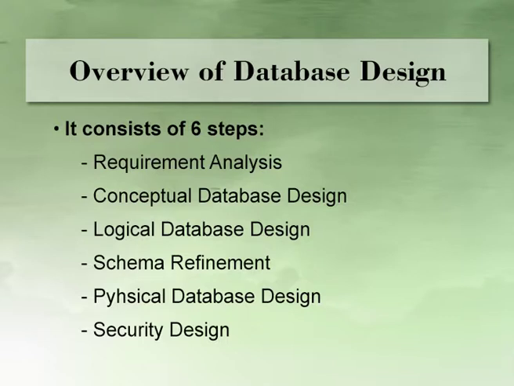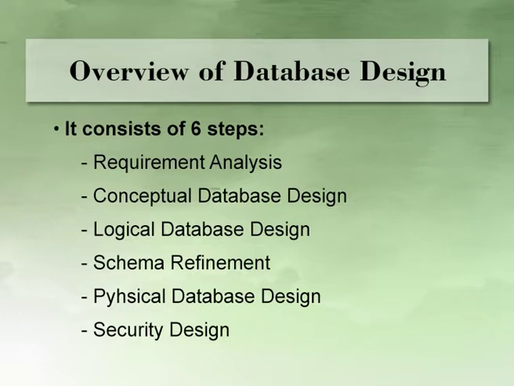We can't just design the whole database for a corporate, or a university, or a library like that. There should be some stepwise procedure wherein we design the database meticulously. There are 6 steps involved in the overall database design.